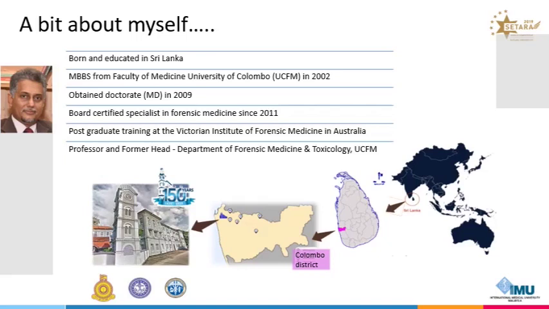Now, it's important that you realize that forensic practice would differ based on the jurisdictional and legal structure of any country. So pretty much most of what I would be discussing here today in this lecture is based on the experience that I've got working in Sri Lanka and also for a shorter period in Australia.